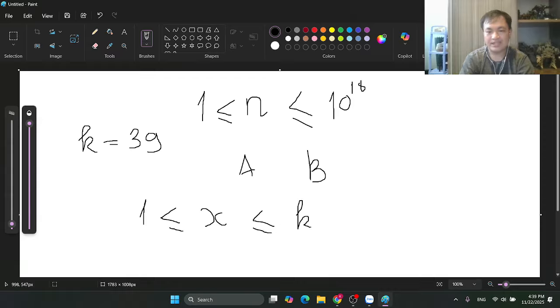When a player cannot take a stone, they lose. So the judge will tell you whether A or B wins.